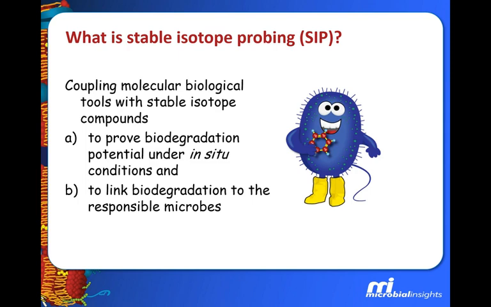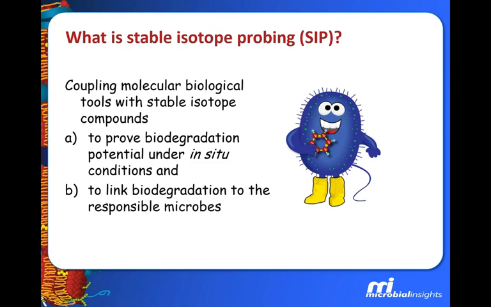So moving on now to the last bullet point, we want to prove that bioremediation of a specific compound is occurring under in situ conditions. To do this, we're going to use that technique I referred to earlier, stable isotope probing, or SIP. So what is stable isotope probing?